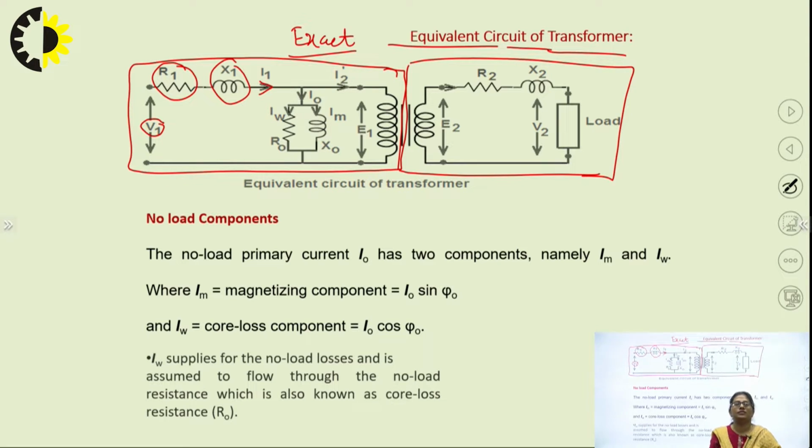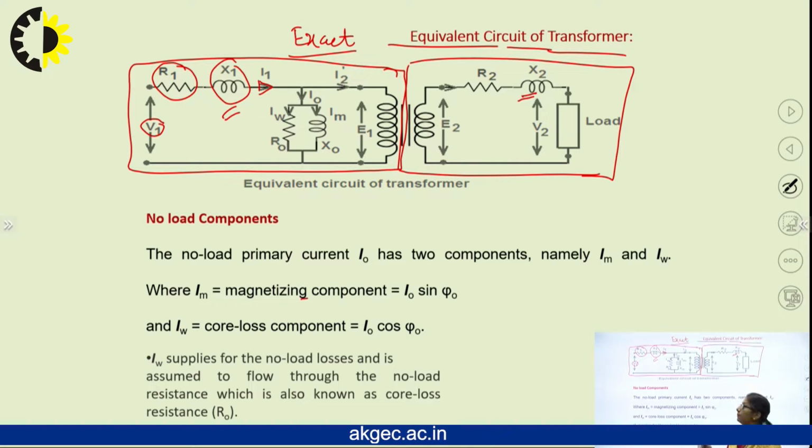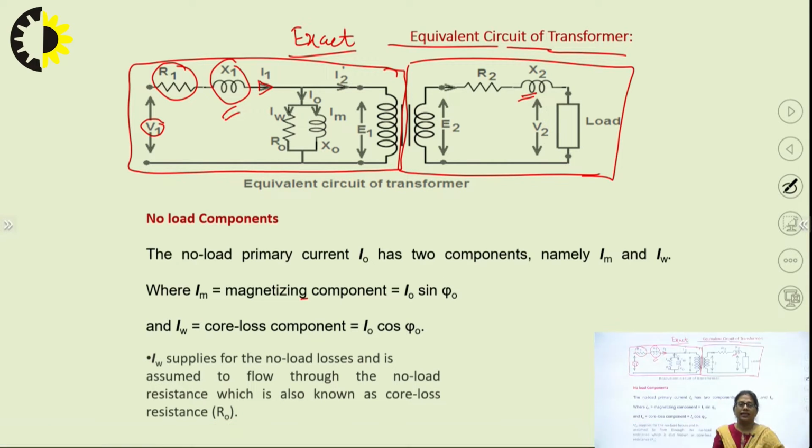To represent this drop, we introduce the leakage reactance X1 on the primary side as well as on the secondary side. So X1 is the primary leakage reactance and X2 is the secondary leakage reactance. Up to this is the primary circuit.